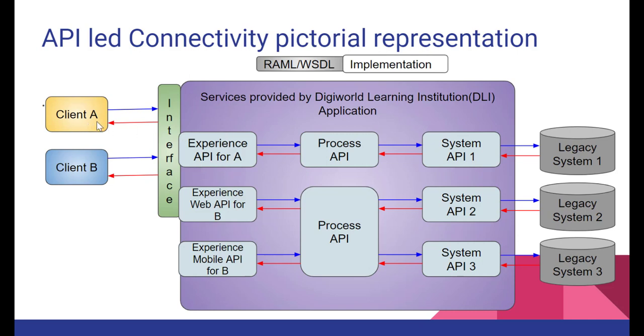As you can see, client is interacting via some interface to the experience API, and this is for client A. Whatever request client A receives, it passes that to the process API, and process API decides which systems are to be called to gather the information asked by the client, right? Earlier only one legacy system was there, so it was calling the system API 1 for getting the data from legacy system 1.